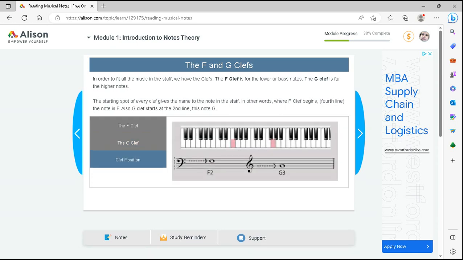And the clef position. This is where it tells you F2, G3. All right, moving on to the next.